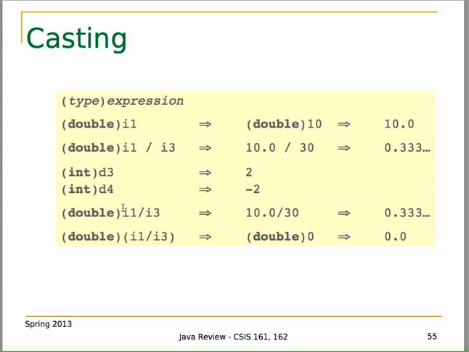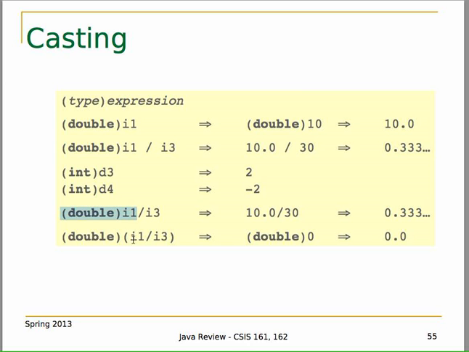And you want to be aware of which order you do things in. So for example, if you do a double I1, that's you casting that I1, and that has precedence. This casting operator has precedence, and so this converts the I1 to a 10.0, and this whole thing is a double.